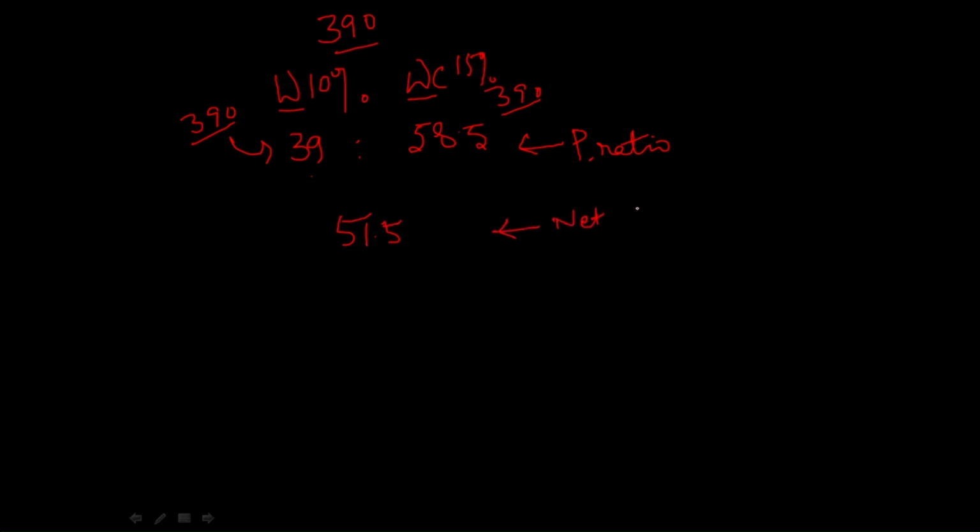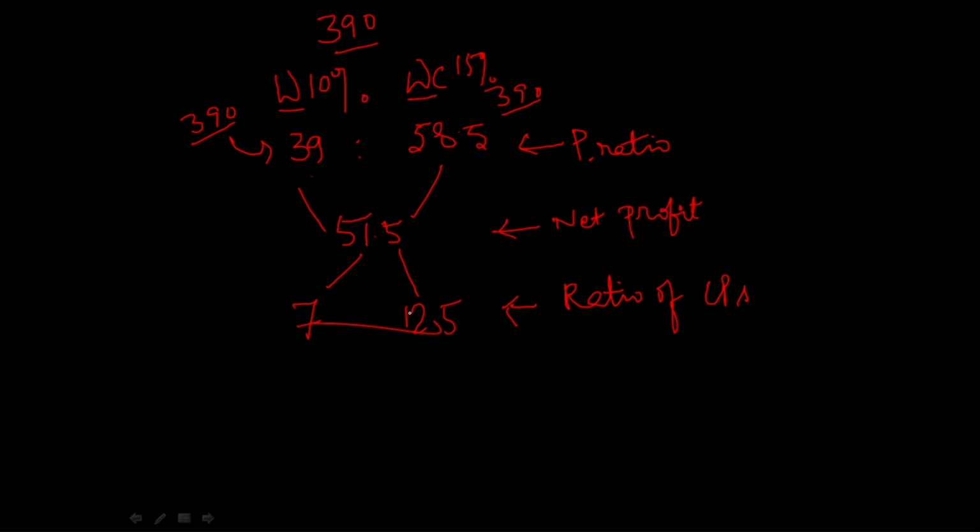This is the net profit, right? So we can apply alligation here to get the ratio of CPs. What is that? It's 7 is to 12.5, so it will be 14 is to 25.